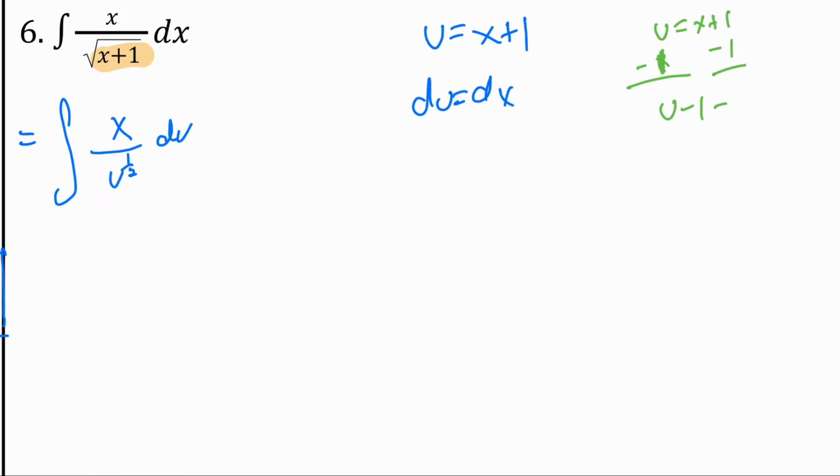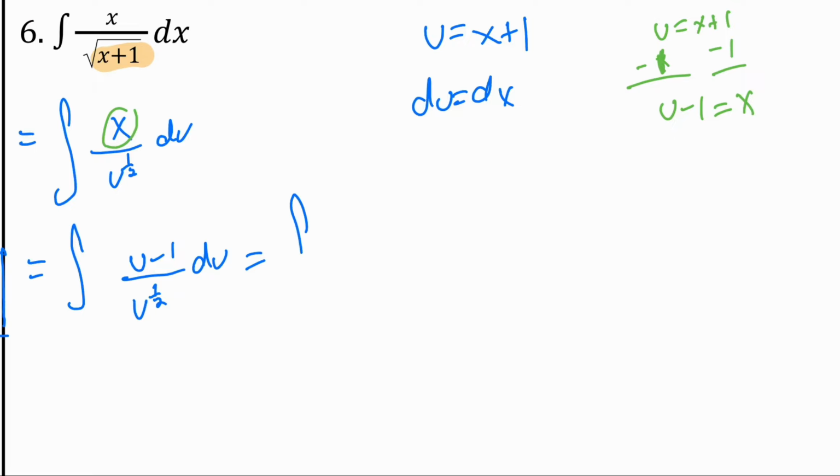We have u minus 1 equals x. And now I can substitute in for this x. So what I end up with is the integral of u minus 1 over u to the 1/2 du. Now, a couple of things we could do here is divide these two terms.